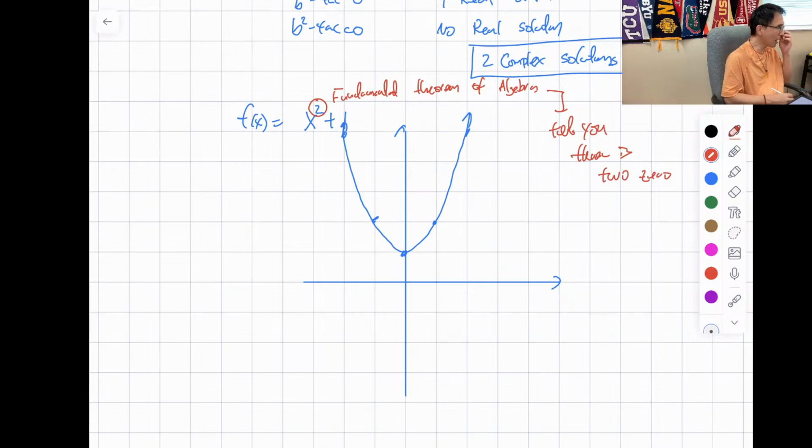But how come it's not on the graph? It's not, because they don't have x-intercepts. But it doesn't mean that there are no two zeros.